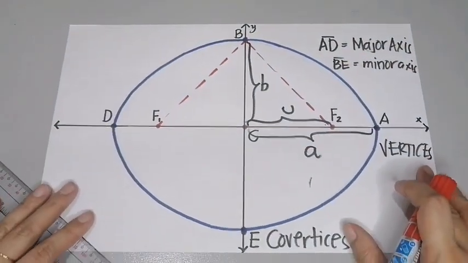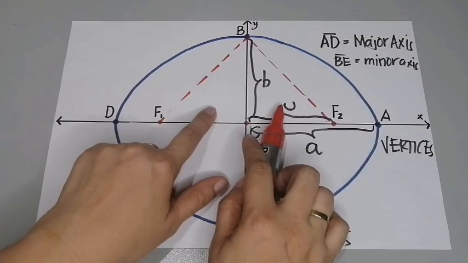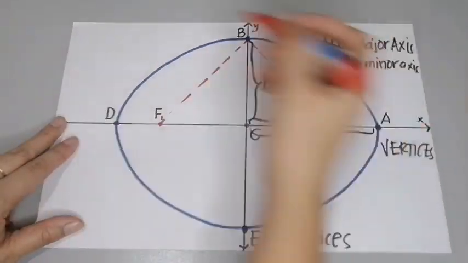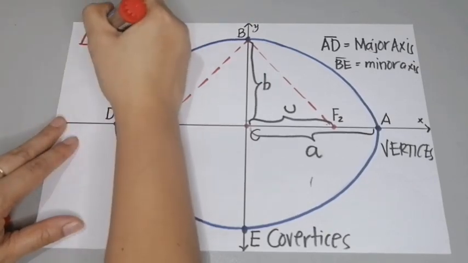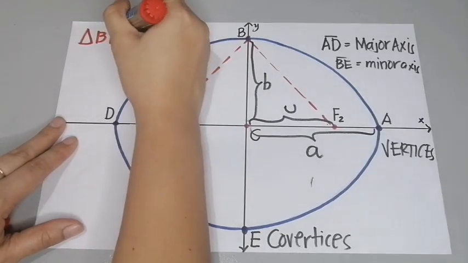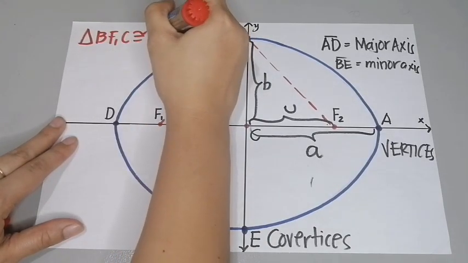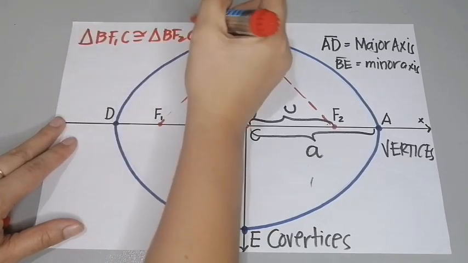Why do you think? Obviously, these two triangles are congruent, right? So we can say that triangle BF sub 1 C is congruent to triangle BF sub 2 C.